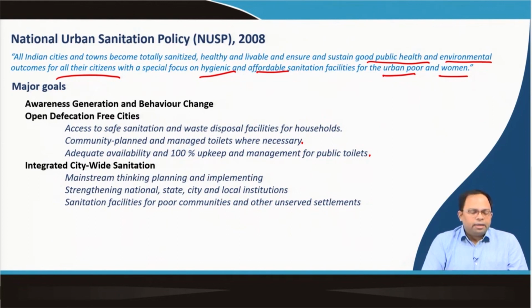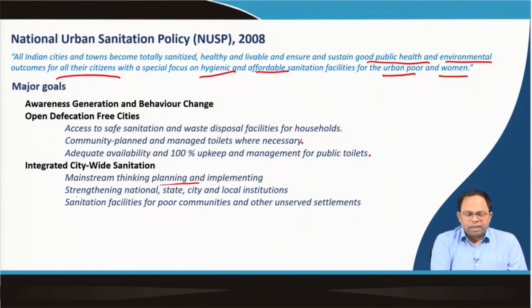And then we have integrated citywide sanitation, which is the final step, where we not only think about open defecation, but now we are actually thinking of planning the entire sewerage networks or the kind of treatment systems that we can implement in a particular urban area.